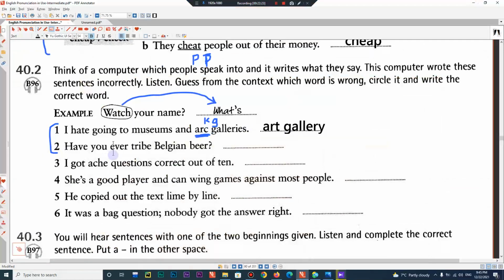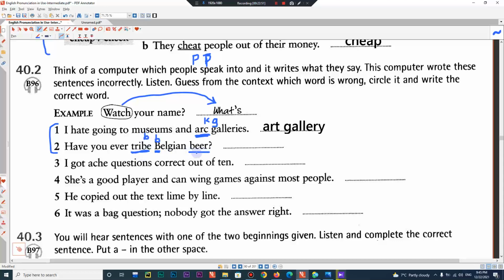Number 2: "Have you ever tried Belgian beer?" So I have to think a little to see what the problem is. "Have you ever," this part doesn't make sense. "Beer" is fine, this is the name. So this is a bear. Probably the speaker used "be" here to get closer, but the word is not "be."